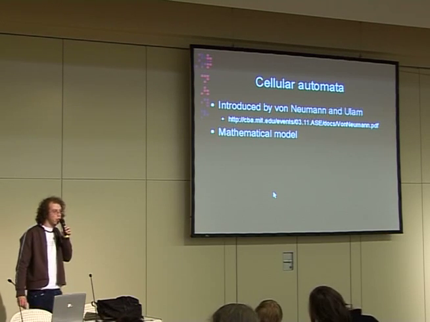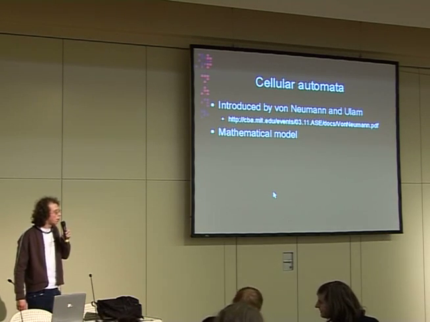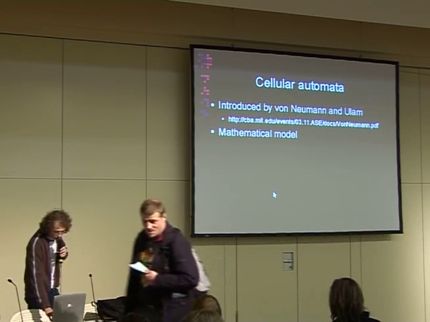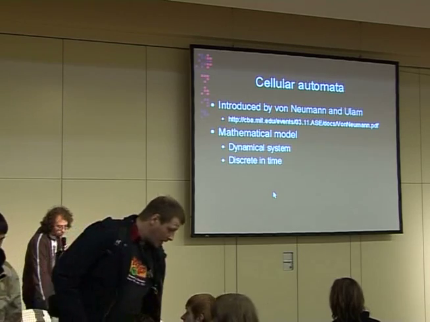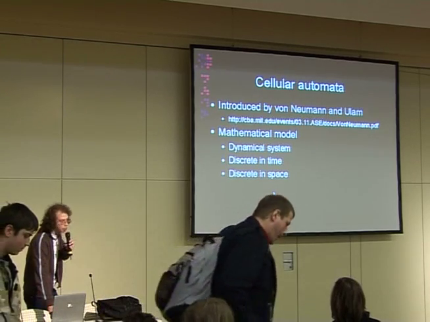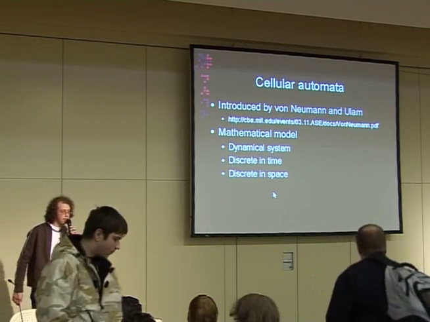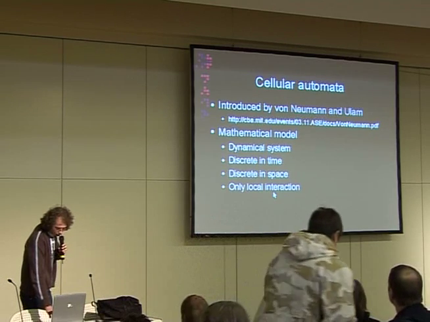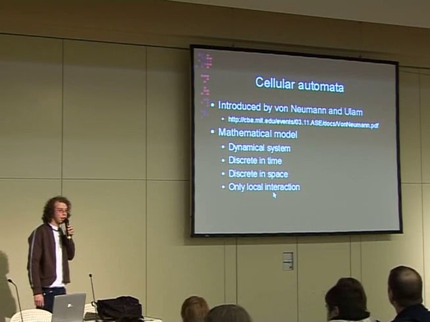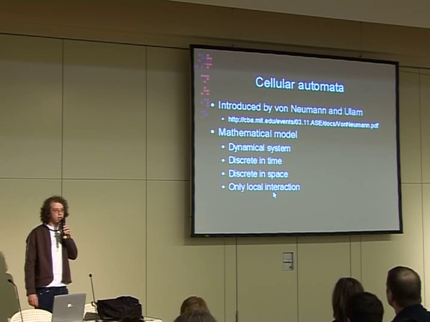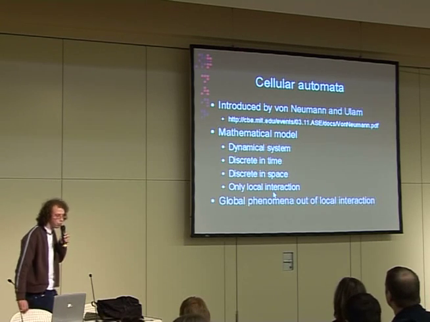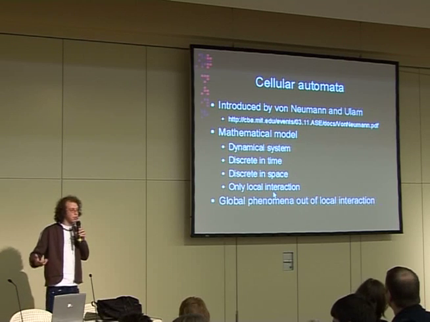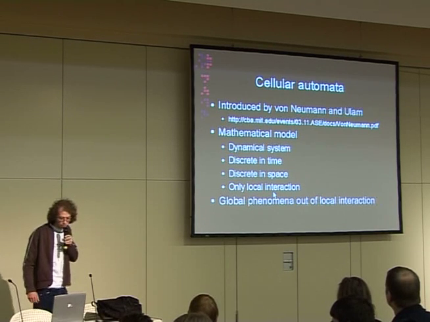It's a mathematical model for a dynamical system that is discrete in time and discrete in space. You will see what this means later. The dynamical system depends only on local interactions, but the interesting thing is that global phenomena emerge out of this local interaction.